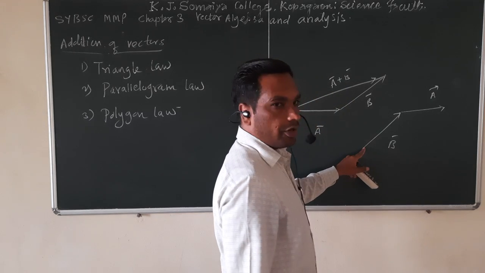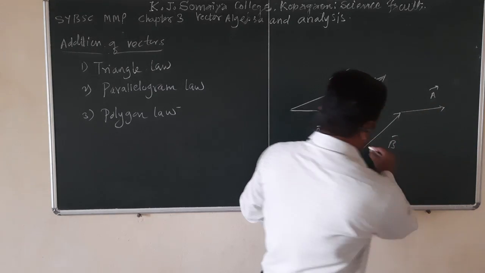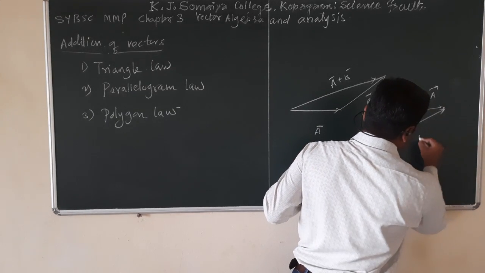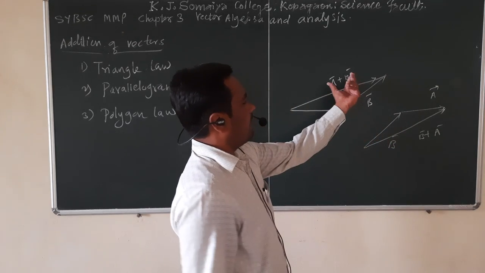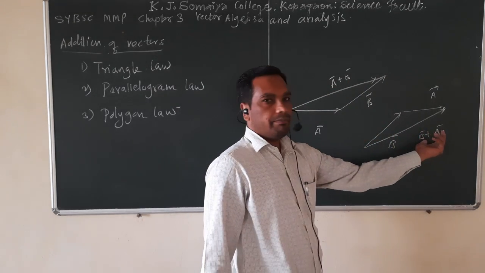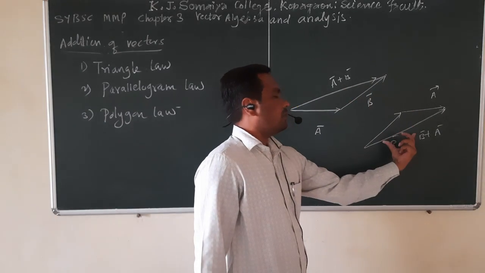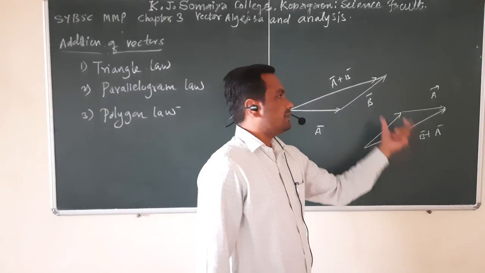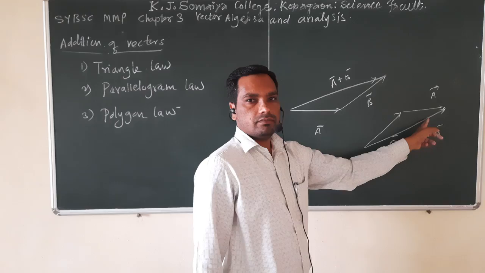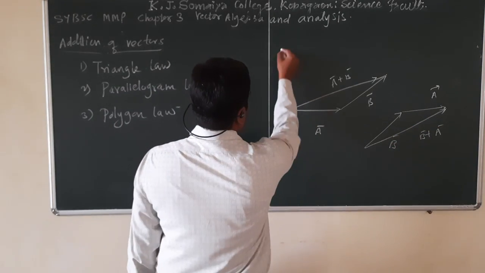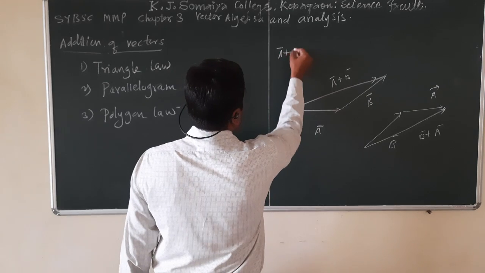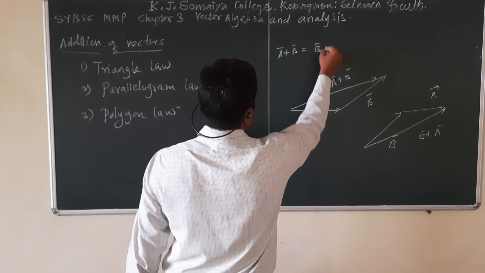Then the starting point of this and the end point of this, if I join these two, that becomes vector b plus vector a. Now remember, vector a plus b and vector b plus a both have the same magnitude as well as the same direction. So we know that for vector addition, vector a plus b is nothing but vector b plus a.